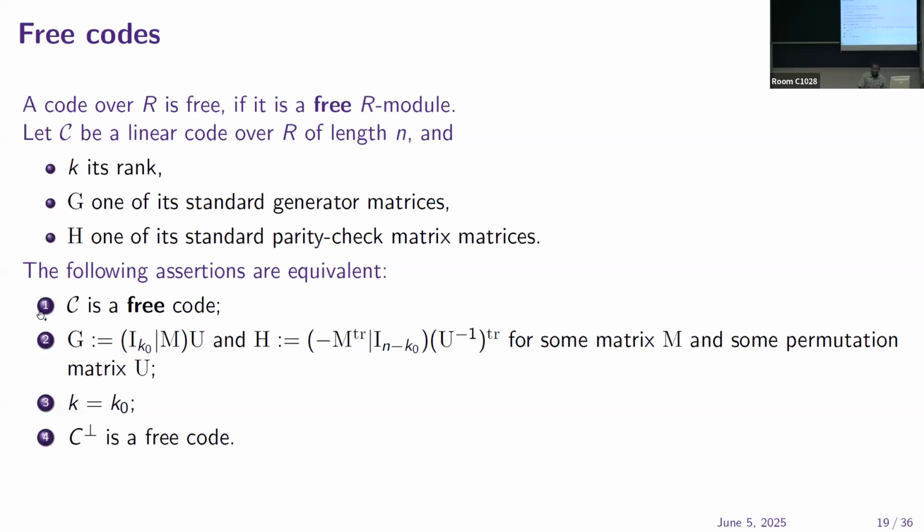Second characterization of C: D is equal to the identity matrix. K0 is the rank of D. U is the permutation matrix.